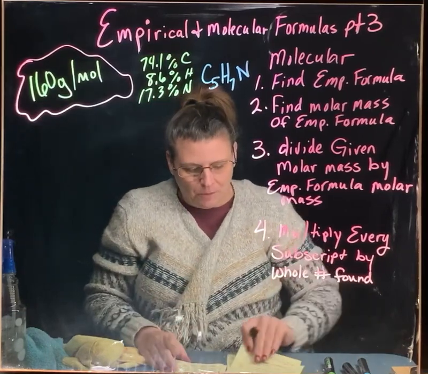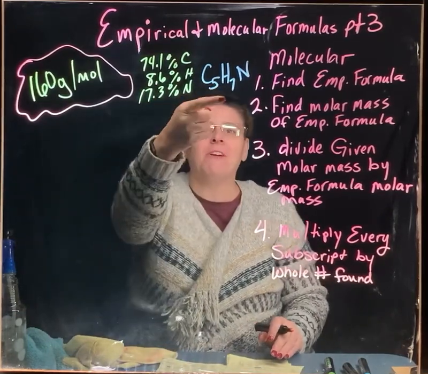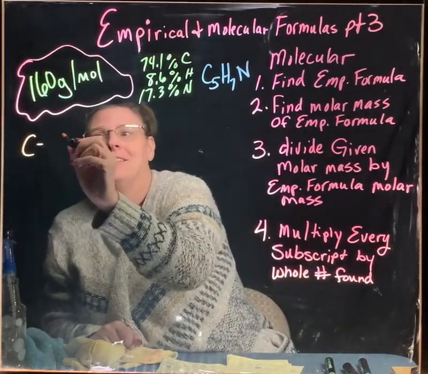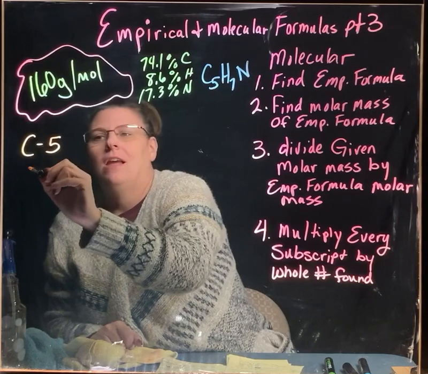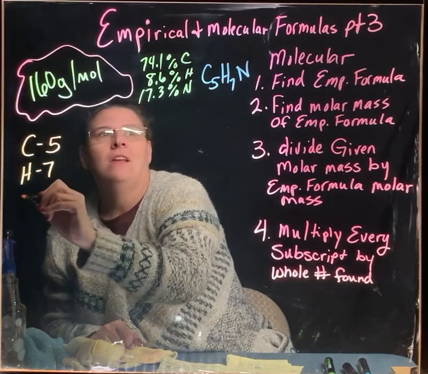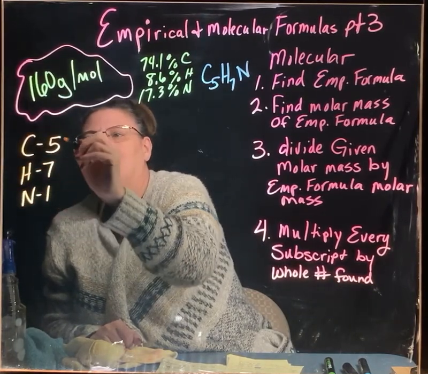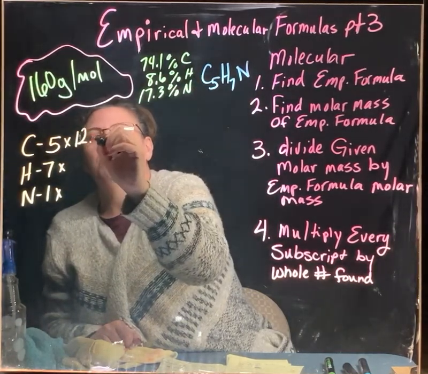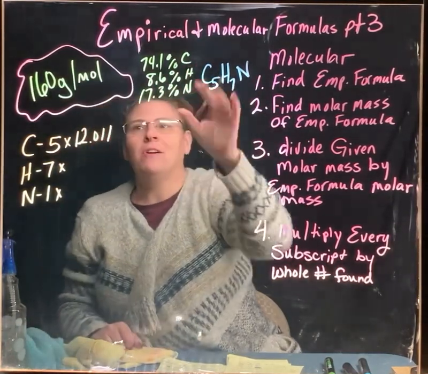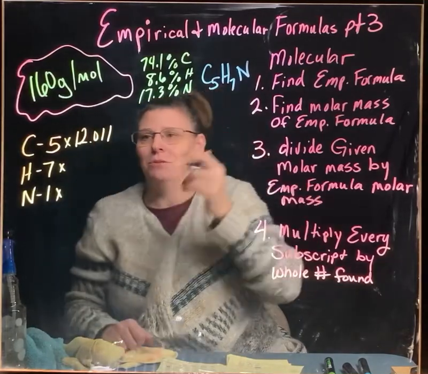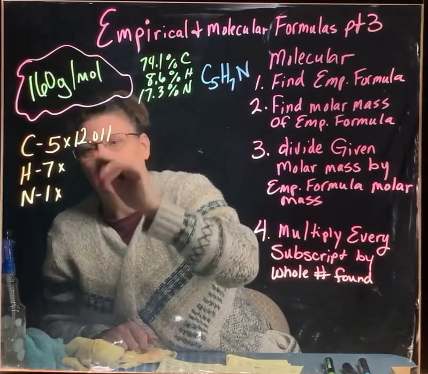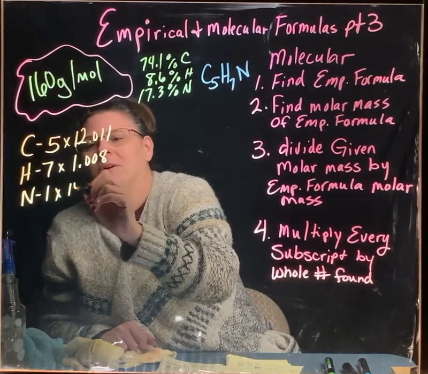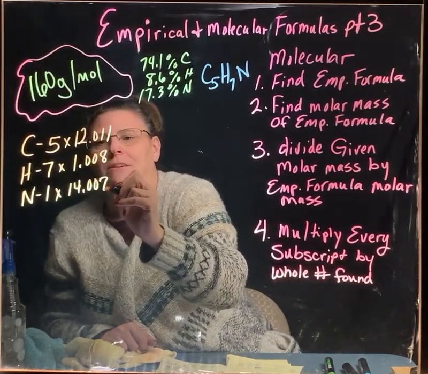First, we have our empirical formula, so we're going to find our molar mass. Remember, it's multiply across, add down. C5H7N1. Multiply across: 12.011, and when we find our empirical formula, we already have these numbers, which helps. 1.008 and then 14.007.